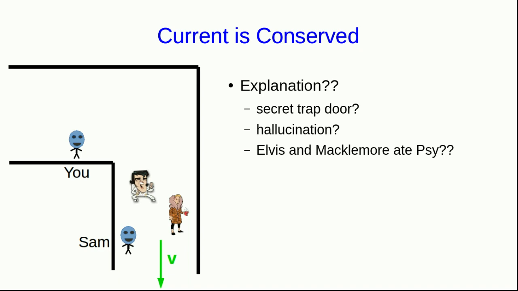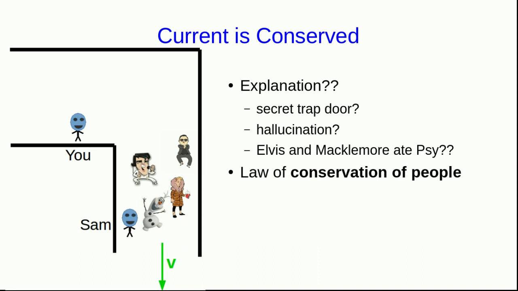I think we will agree that there is a law of conservation of people. And people don't just disappear as they're walking down hallways. Likewise, they don't just appear as they're walking down hallways. So if Sam reported that Psy, Elvis, and Macklemore and Olaf the Snowman walked past, you would be equally surprised.